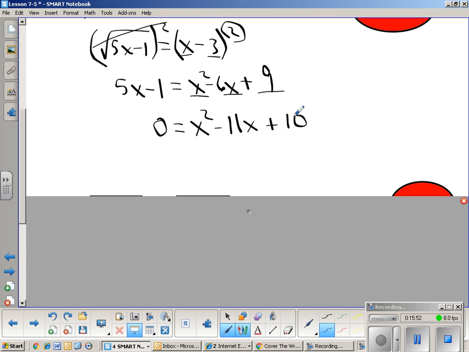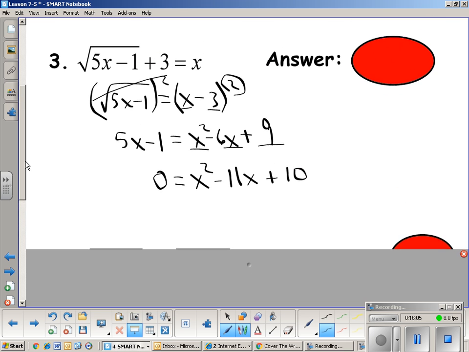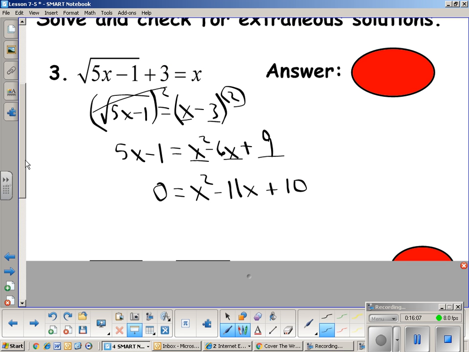How many different ways did we learn to solve quadratics? Multiple. Good word when you don't know the number. How did you get 6x? It's the first times the second times 2.